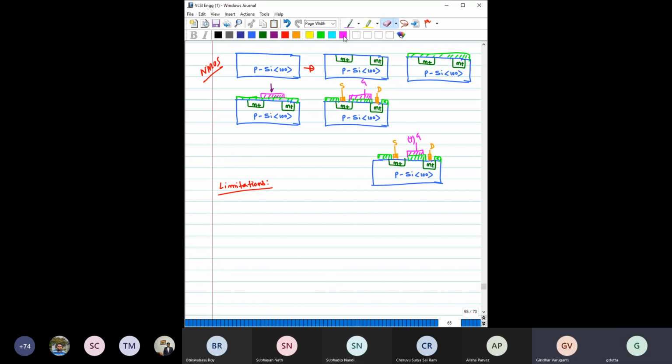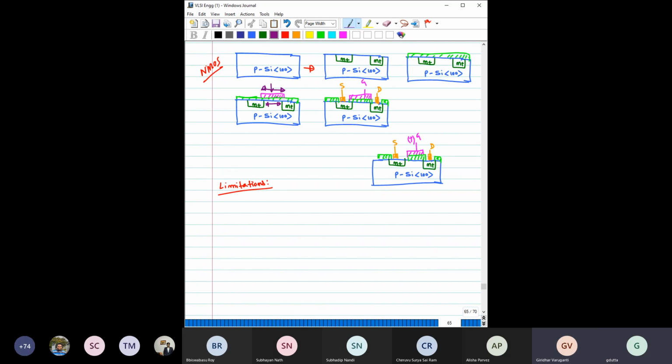As a result, to make the process reliable, you have to intentionally keep this gate metal a bit wider compared to this length, so that you have sufficient overlap on this side and this side, such that even with some tolerance in the error, you end up with a structure like this, not like this. So you have to make this overlap quite extensive so that you can make a realistic device.